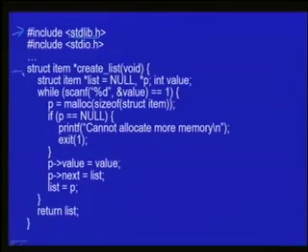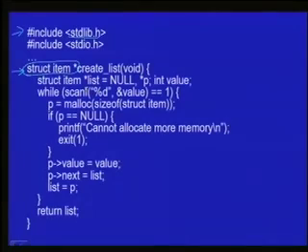Now, here is the function createList, which will read a number of data items from the input and create a linked list of those data items. And what it returns is a struct item star, which means that it will return the pointer to the first element of this list, which is going to get created.